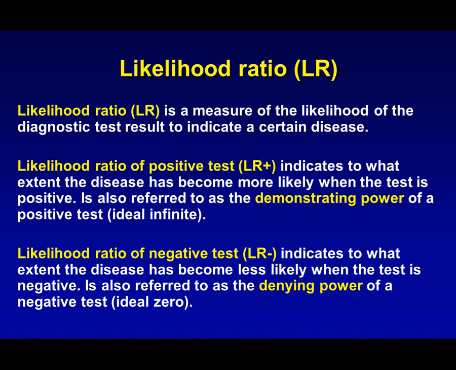It should be infinite. The likelihood ratio of a negative test indicates to what extent the disease has become less likely when the test is negative. It is also referred to as the denying power of a negative test, and should be 0.